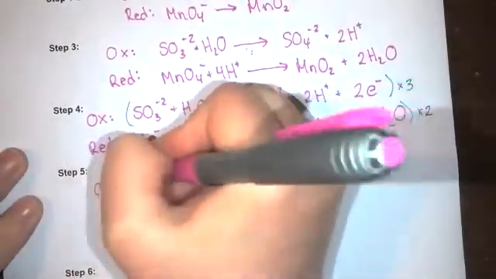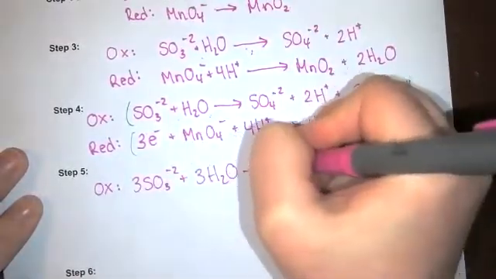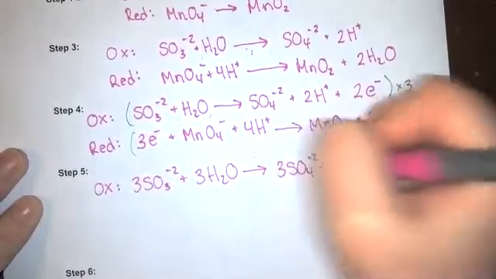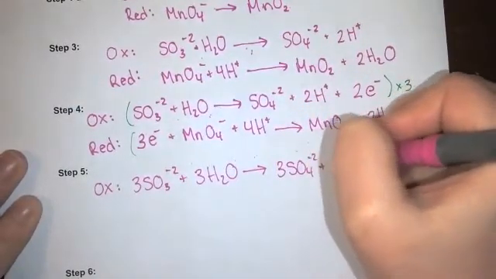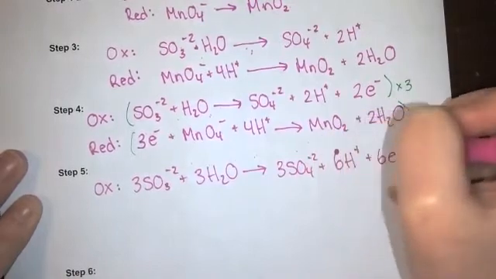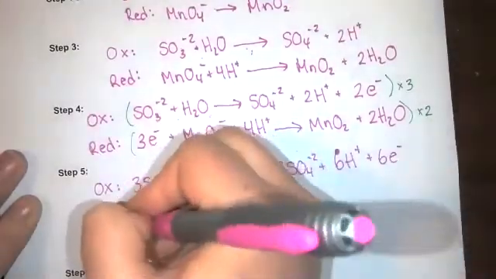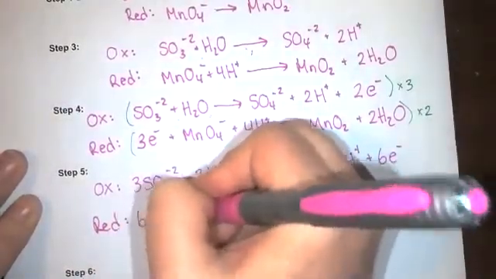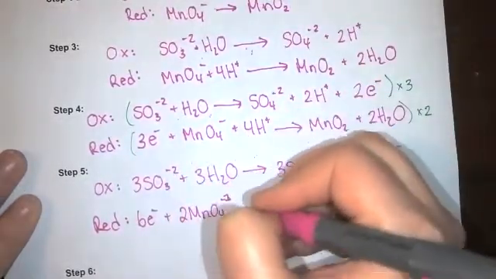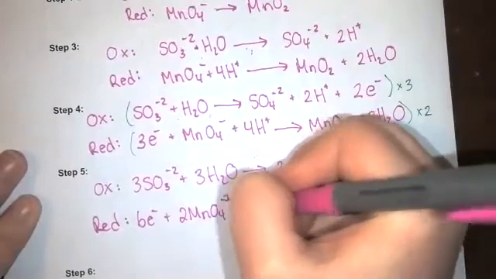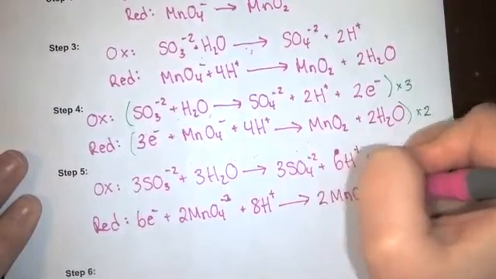So distribute the 3 here. Three times 2 will give 6 and 6. For reduction, do the same thing, but now I'm distributing the 2 to each one, 6 electrons, 2, -1, 8, 2, and 4.